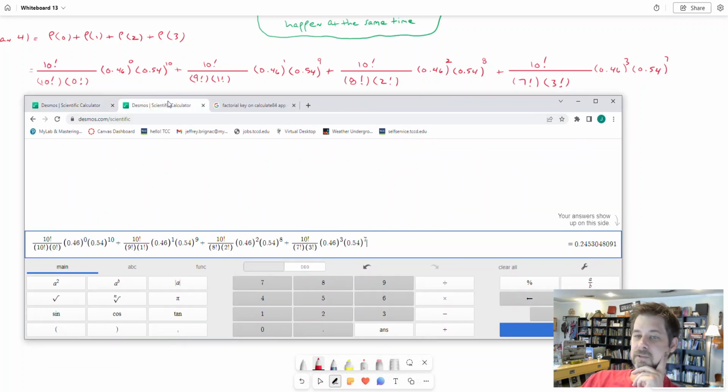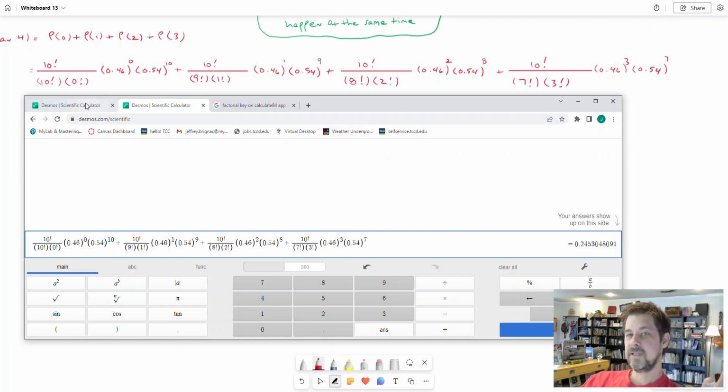All right, I typed it in, and this is an online calculator, but I wanted to show you what it should look like on your interface for whatever calculator you're using. So I typed in the 10 factorial, 10, 0, 4, 6, 0, 4. I typed all that in, and then I just put plus, and I continued until I had all of them.